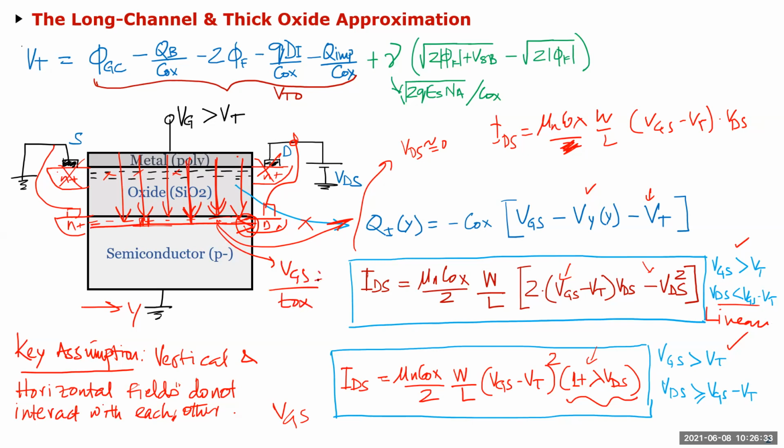That's your vertical field, let's say EV. And then this horizontal field is the drain to source voltage divided by the channel length, VDS divided by L. We basically said there is no interaction between these two, okay?